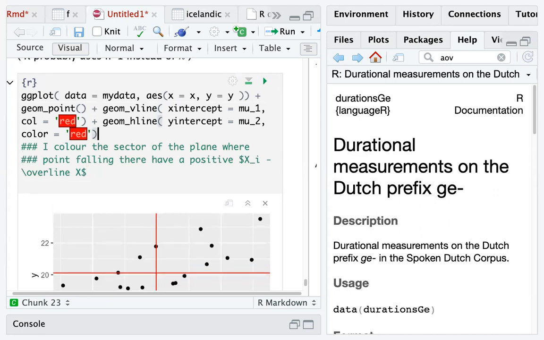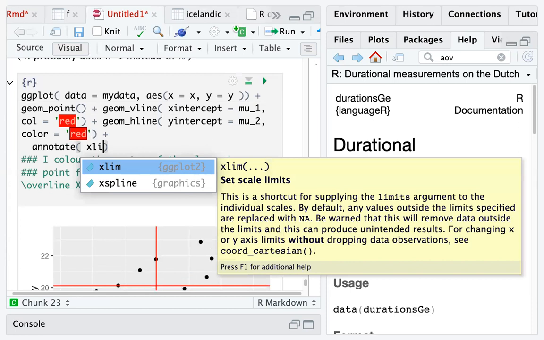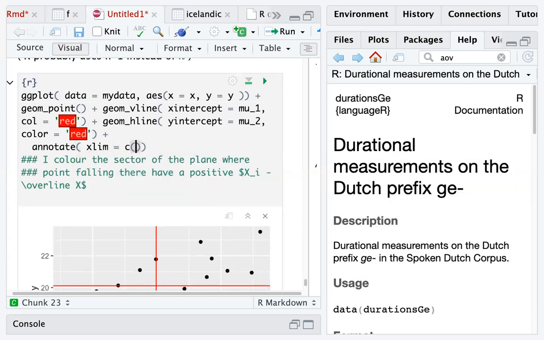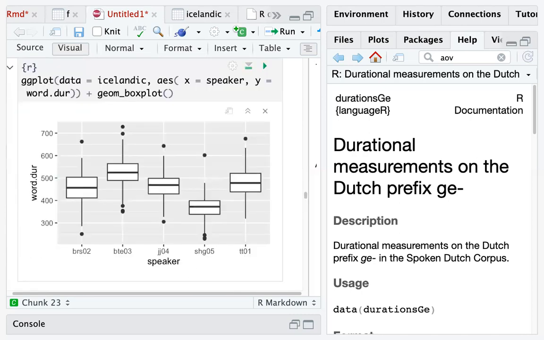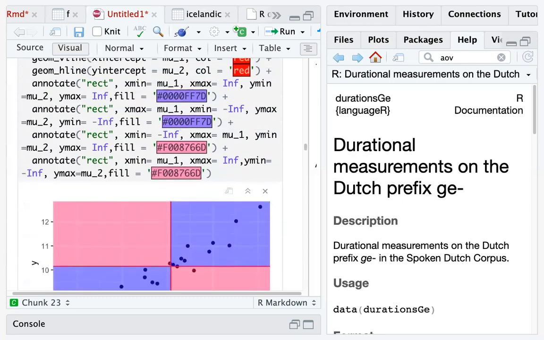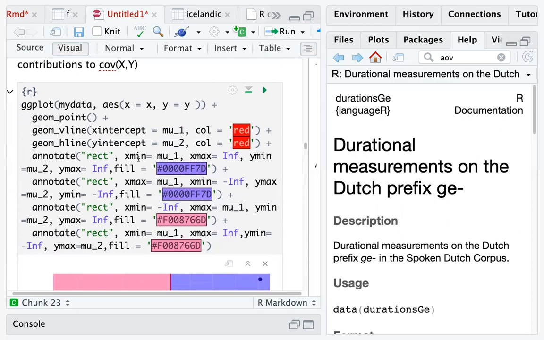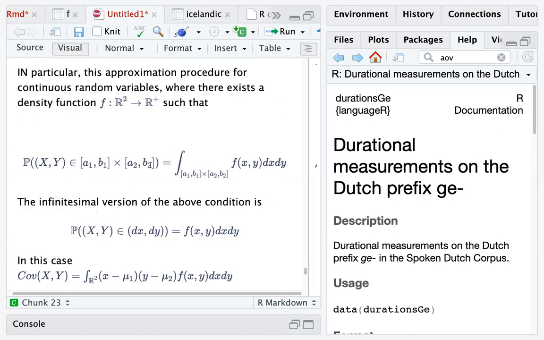In order to do this, we add an annotation. The syntax is the following.